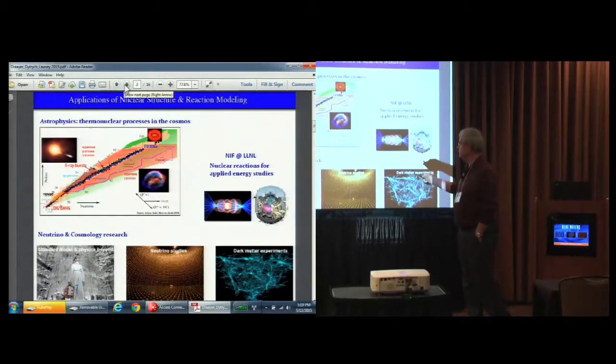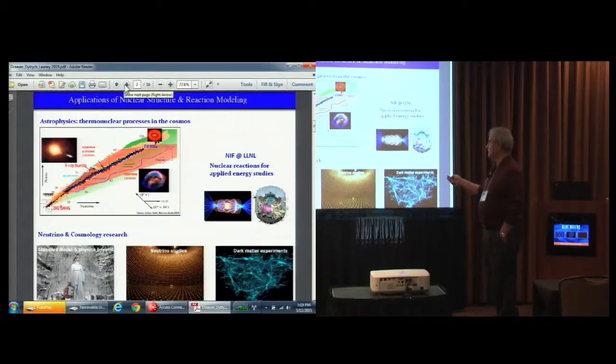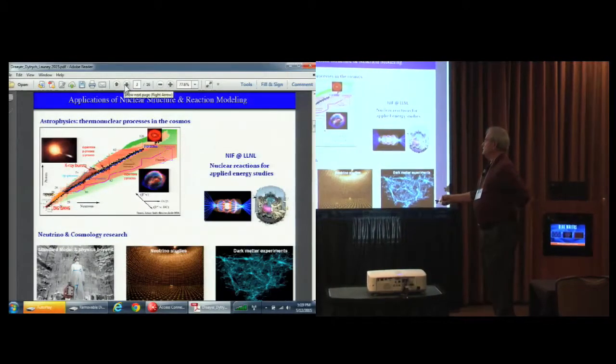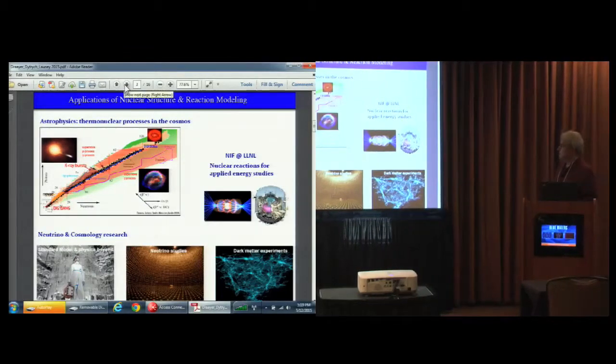Here's the chart of the nuclei, and how that gets built is all nuclear material. Neutrino and cosmological research: here's the standard model, here's neutrino studies, here's dark matter studies. This, of course, is at the more practical level, that's NIF at Lawrence Livermore National Lab.